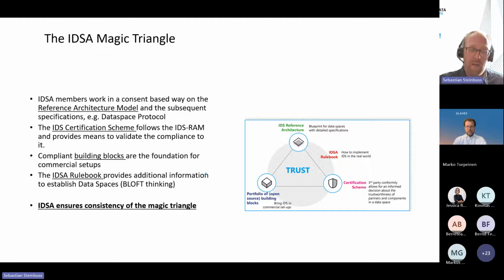And then finally closing with implementation, with tools, connectors, for example, in our landscape or portfolio of building blocks that you can use. So this portfolio, this is not our work, so IDSA does not build code, but our members do, and also our non-members do build code and software that you can use to build data spaces. Our job in IDSA is to move all those different artifacts forward and to keep them consistent in the end.